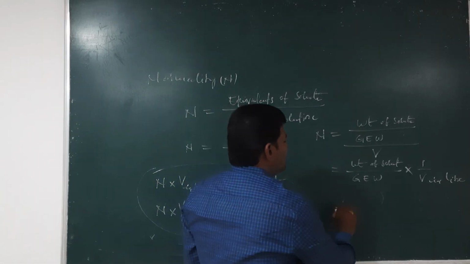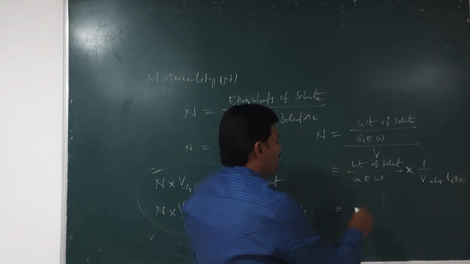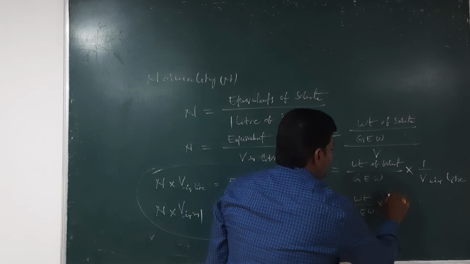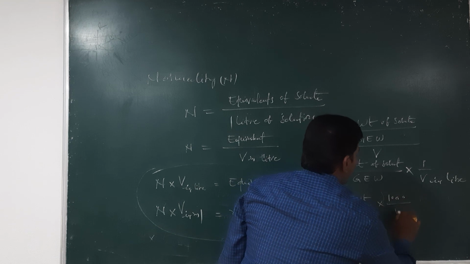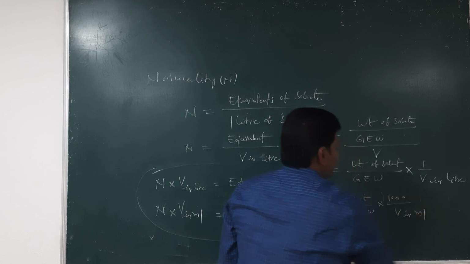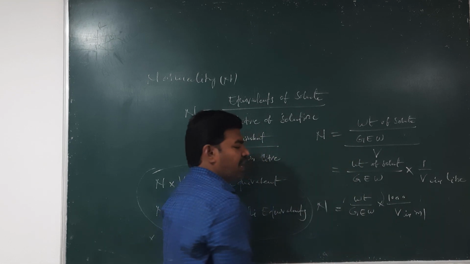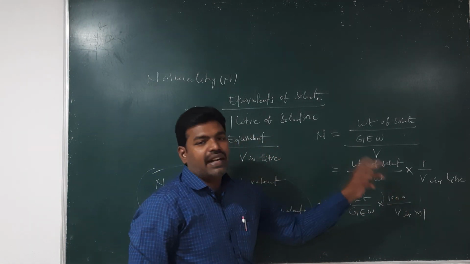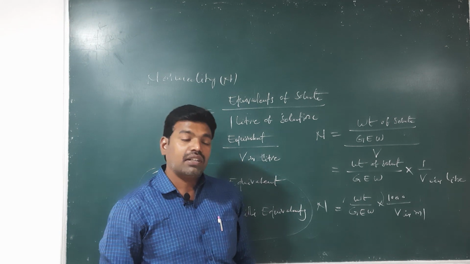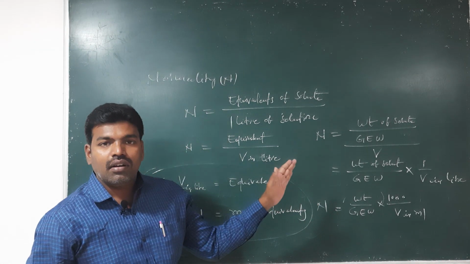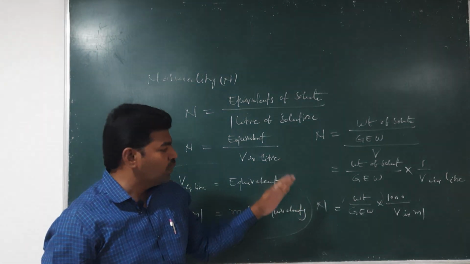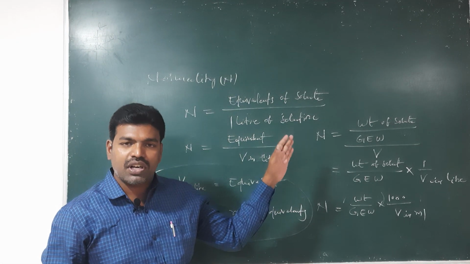We can convert liters into ml: weight by gram equivalent weight into 1000 by V in ml. This is the equation usually seen in textbooks, the basic equation to find the normality of a particular solution.